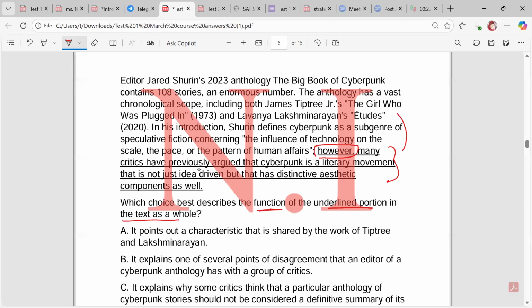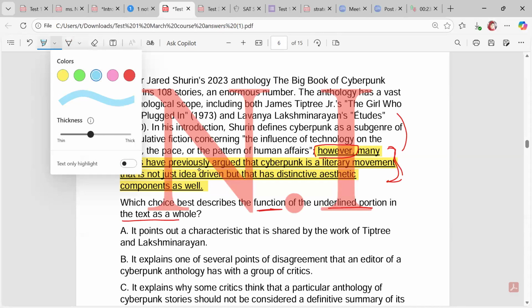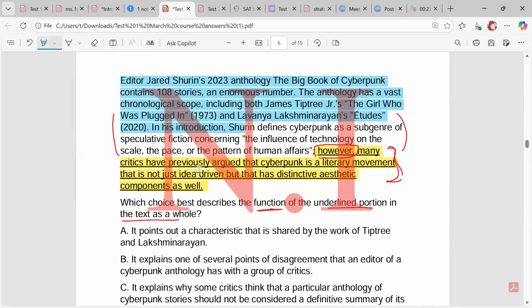You have to focus on the underlined sentence. But in order to understand it more, you have to read what comes before in order to understand what this sentence is contradicting. We're going to skim this part quickly, and then focus on the underlined one.